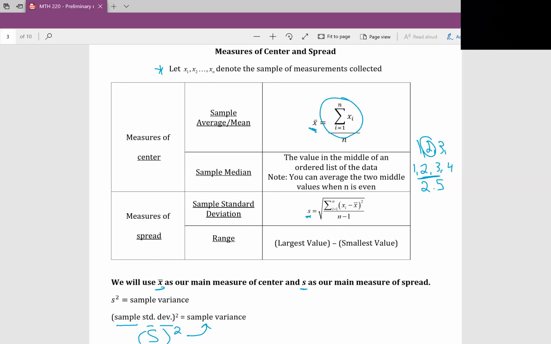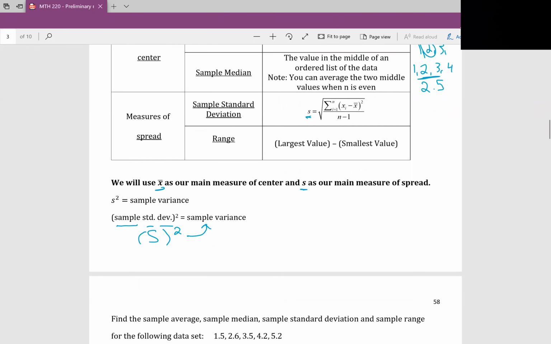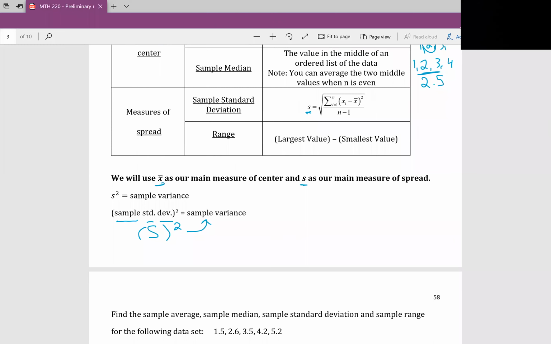Now what I want to do on the next page is take a small data set and work on finding the sample average, sample median, sample standard deviation, and the sample range for this data set. First, we want to start with calculating the average. In order to calculate the average, we are going to sum up the data set and divide by the number of samples in our data set.